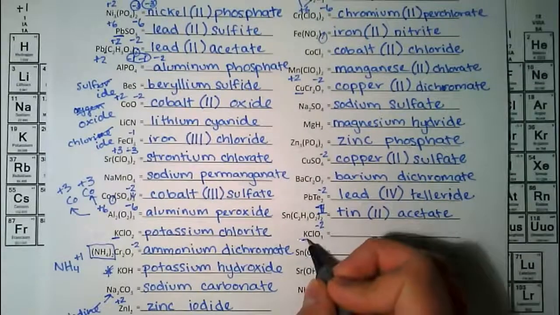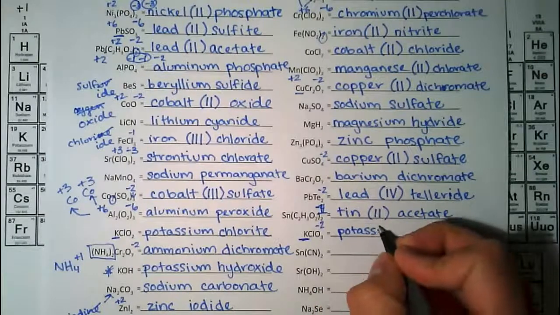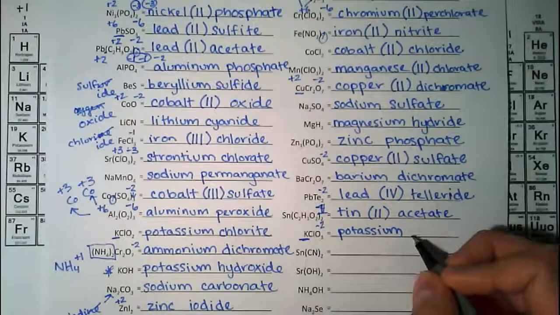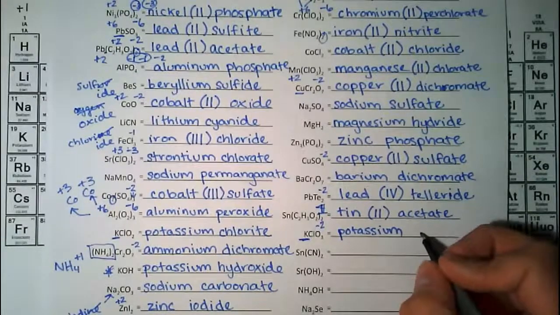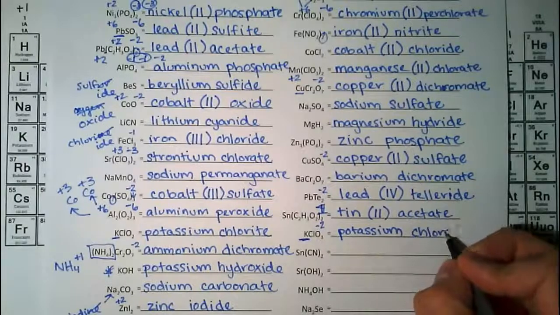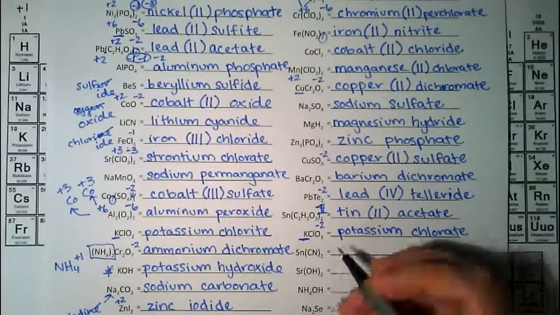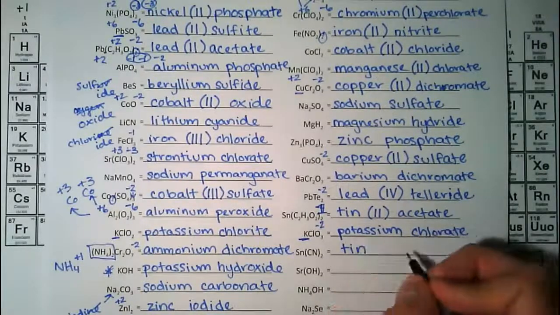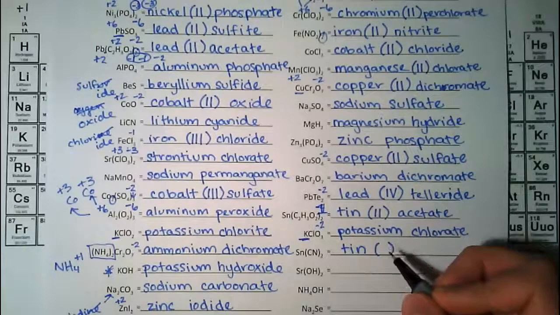Next we have potassium, K. Potassium is a main group metal, so no Roman numeral necessary. And then we have ClO3, which is the chlorate ion. Potassium chlorate. Then we have tin again. Tin, we know it needs a Roman numeral, even though it's not in the central part of the periodic table.